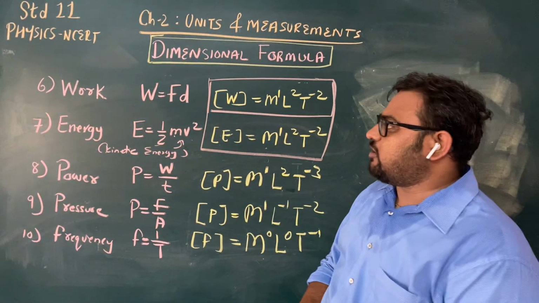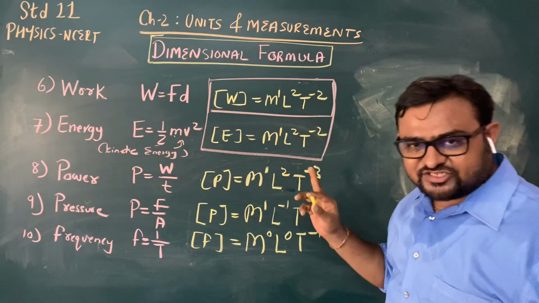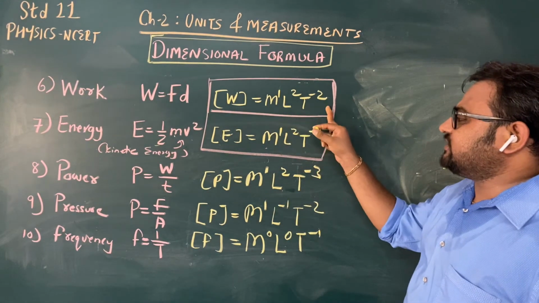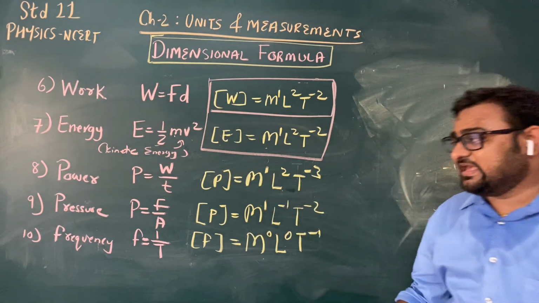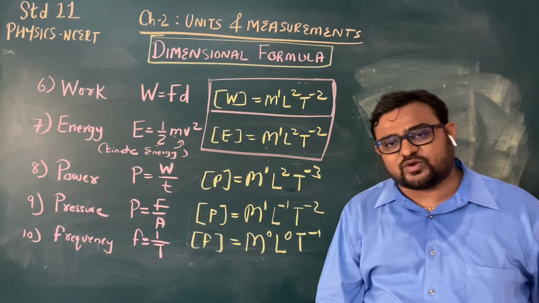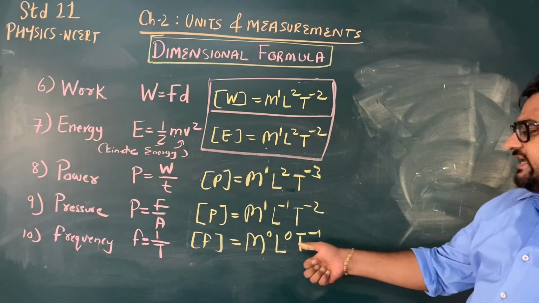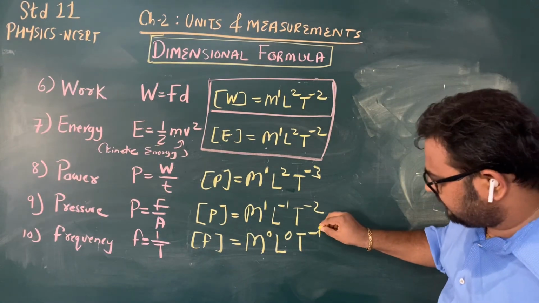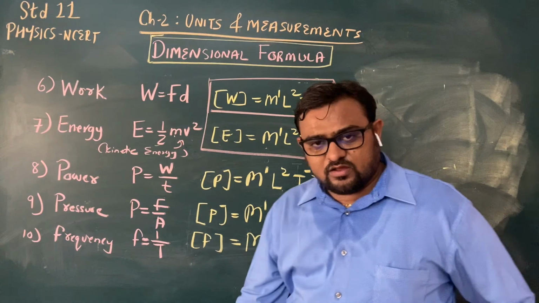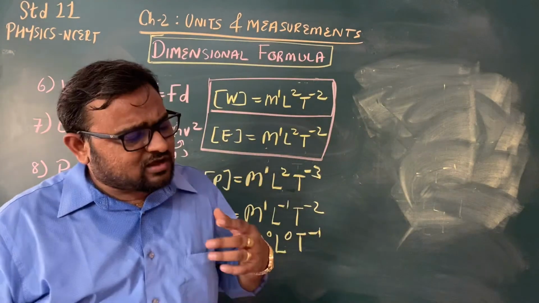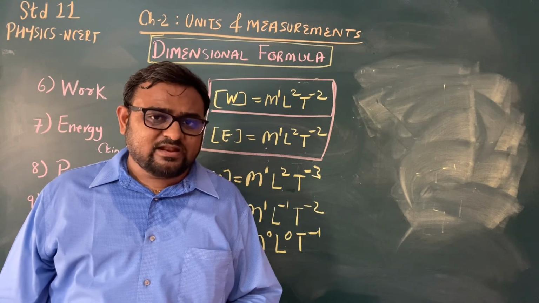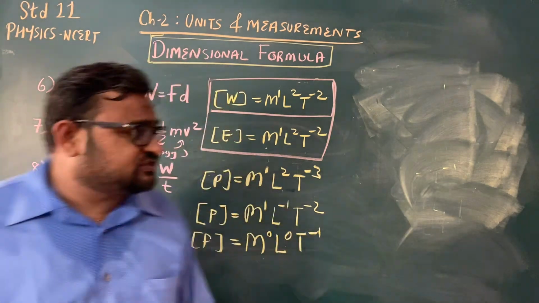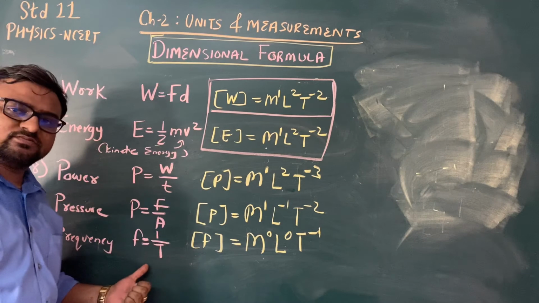So these are the dimensional formulas: for work and energy, the same, M1 L2 T minus 2. Power, M1 L2 T minus 3, pressure M1 L minus 1 T minus 2, and frequency M0 L0 T minus 1. Remember, you don't have to learn all these dimensional formulas, right? But the important thing is you must know the formulas.